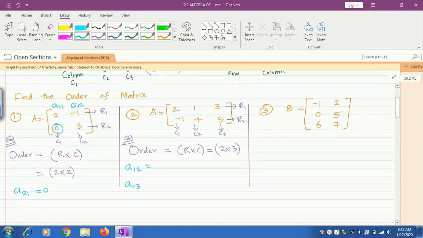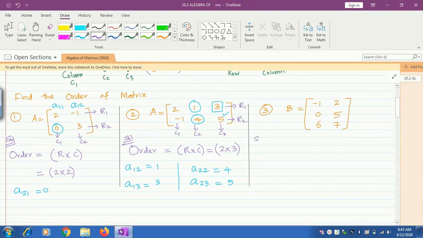A12 is this one. This is my element A12. And A13 is this one, 3. And what about A22, A23? This is A22, this is 4, and this is my 5. So you just have to take the element of the matrix if the question asks. If only the order is asked, you just have to stop here.